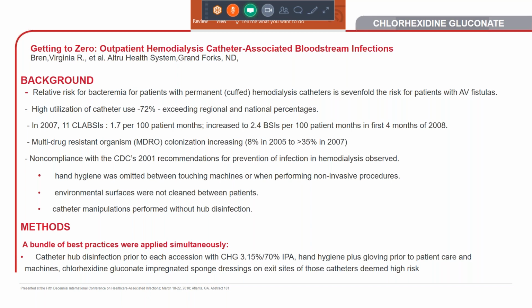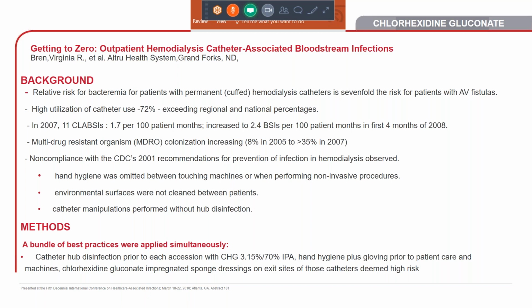They also observed, when they did some compliance auditing, that hand hygiene was being omitted between touching machines or when performing non-invasive procedures. They were not observing that environmental surfaces were being disinfected between patients, and they were definitely not seeing the scrub the hub disinfection that they wanted.